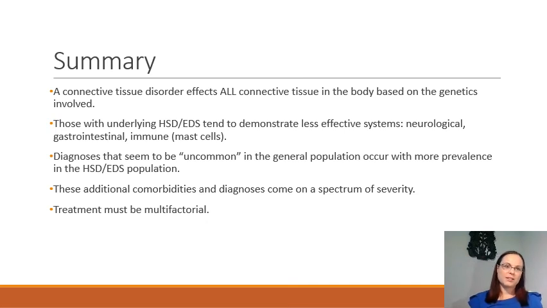It's really important to understand that these additional comorbidities, these diagnoses, come on a spectrum of severity. A lot of these issues can really be improved by, again, working on the systemic inflammation part, and then also working very safely and gently on some intervention strategies to work on the neural system, or stabilization, or whatever the patient might need. Treatment has to be multifactorial.